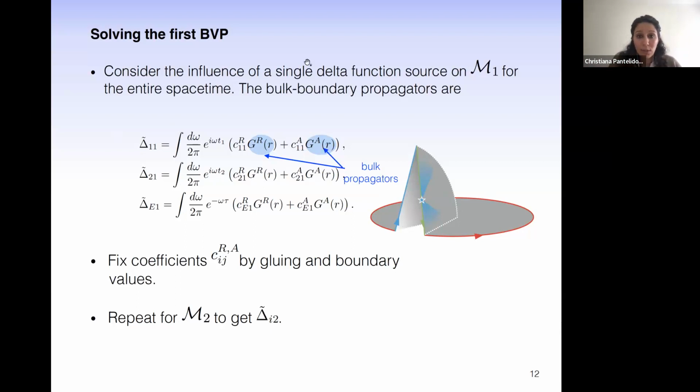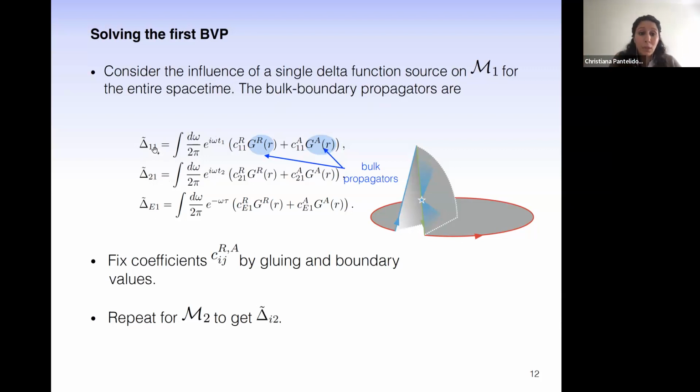As I said, we start with a single delta function on M1, and we want to compute the bulk to boundary propagators. So we want to compute delta 1 2, delta 2 1, and delta E 1. The second index indicates where the delta function lives, and the first index indicates on which segment we are measuring the influence.